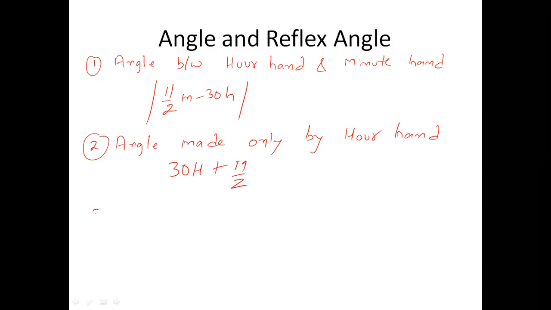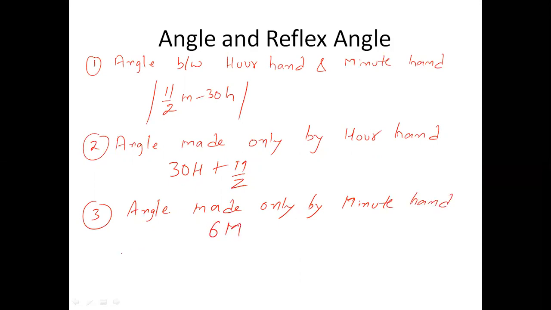Third, angle made by the minute hand. That's nothing but 6 into m. Fourth, reflex angle. It's nothing but 360 degree minus case 1. Which is case 1? Case 1 is the first one, to find the angle between the hour and minute hand.